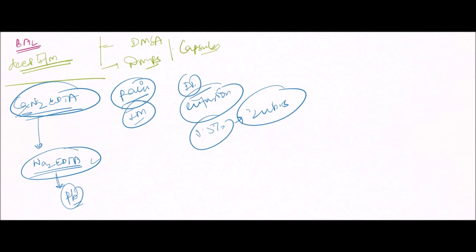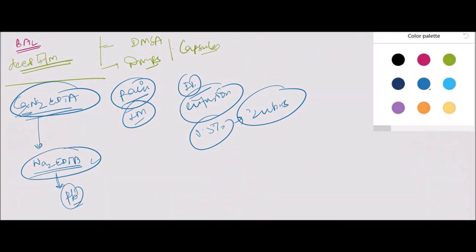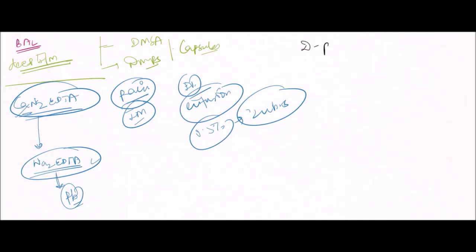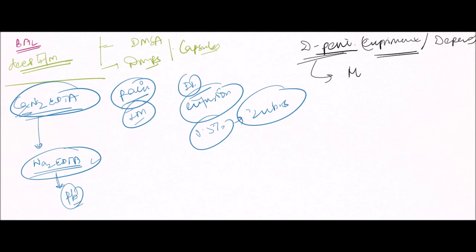Now the next chelating agent is D-penicillamine, otherwise known as Cuprimine or Depen. It is the chelating agent recommended in poisoning by mercury, lead, and copper.